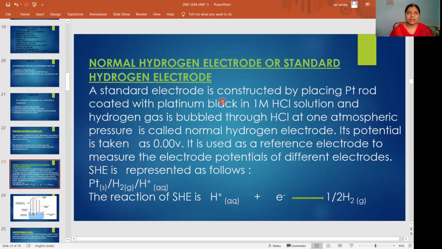A standard hydrogen electrode is constructed by placing a platinum rod coated with platinum black in 1 M HCl solution, and hydrogen gas is bubbled through HCl at 1 atmospheric pressure. It's called normal hydrogen electrode.